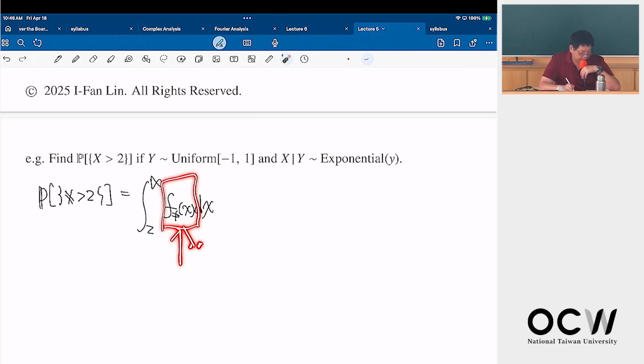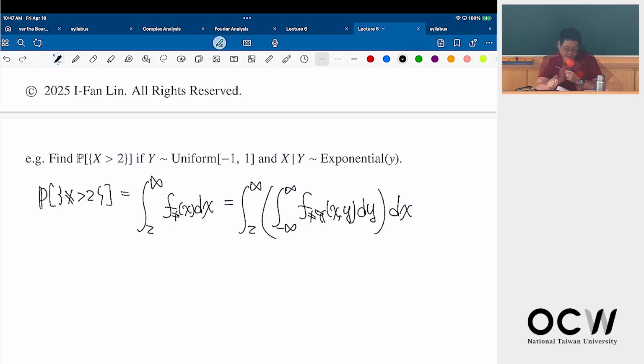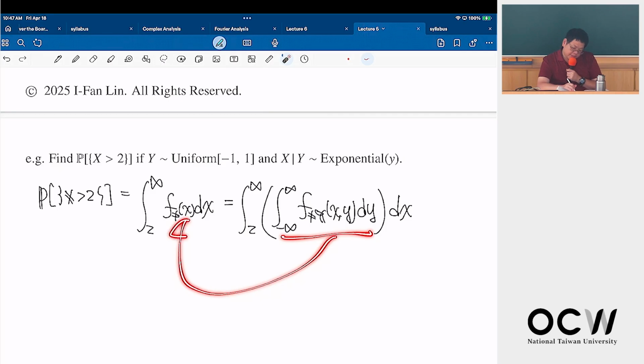Joint PDF, you take the integration and sum the y out, then you get this marginal PDF of x. So this is equal to from 2 to infinity. So if you integrate the y out, you get the PDF of x.